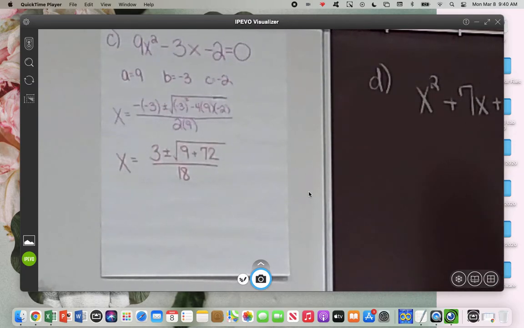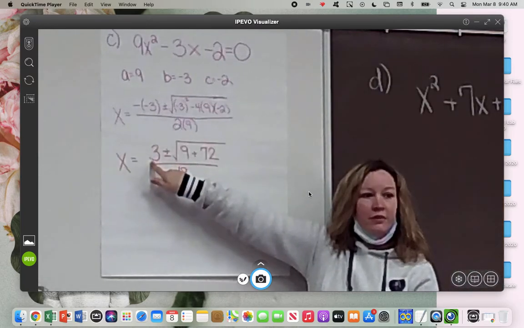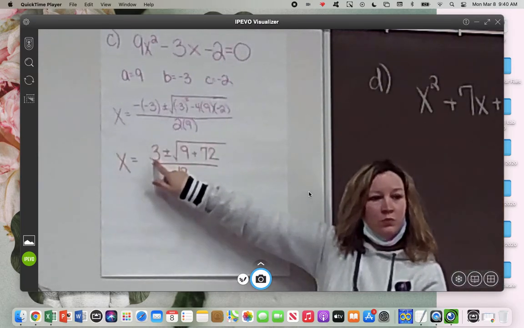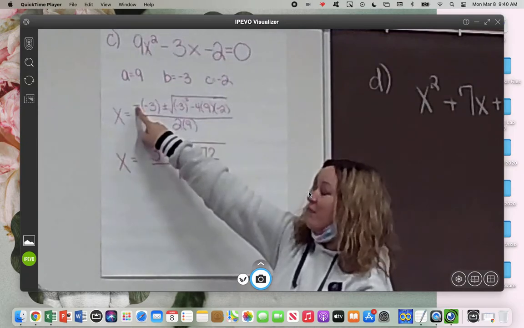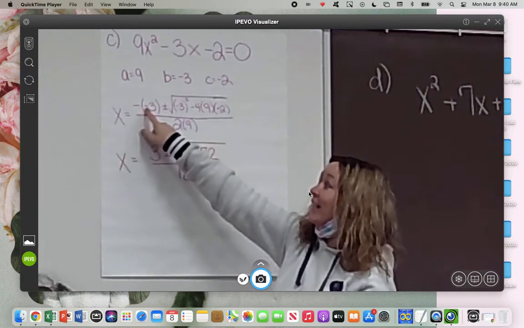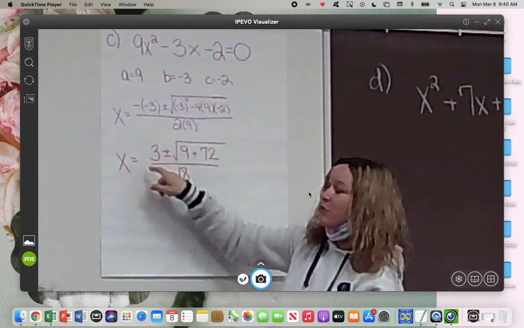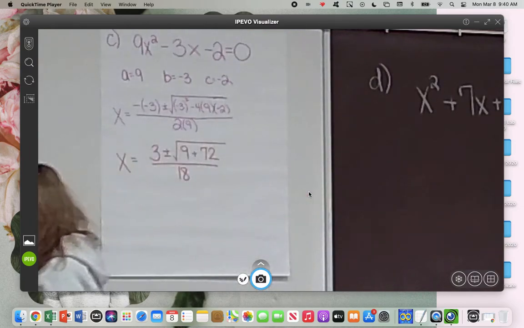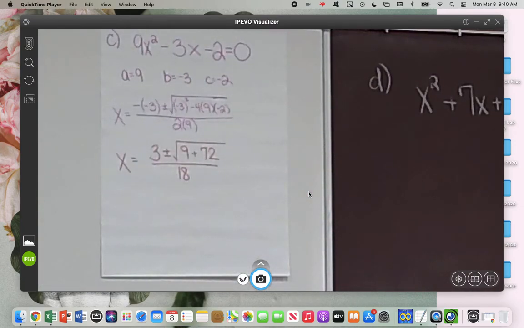Does everyone see why this becomes a positive 3? The formula says negative, but I plug in a negative, 2 negatives do turn into a positive 3. And anything squared is always a positive. So when I square 2 negatives, a negative times a negative is always a positive.